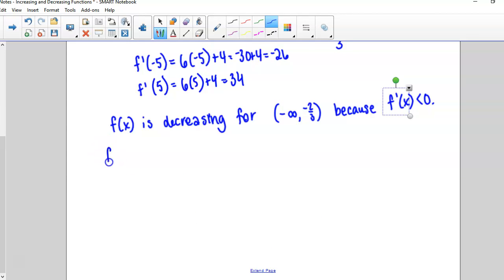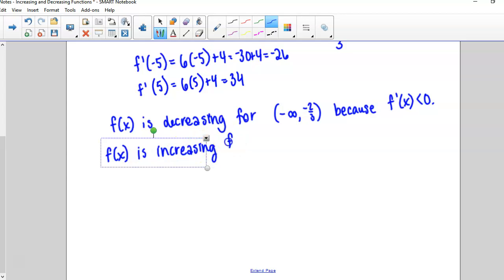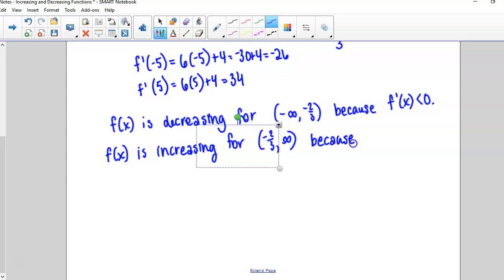And then we would say f of x is increasing for negative 2/3 to positive infinity because f prime of x is greater than 0.